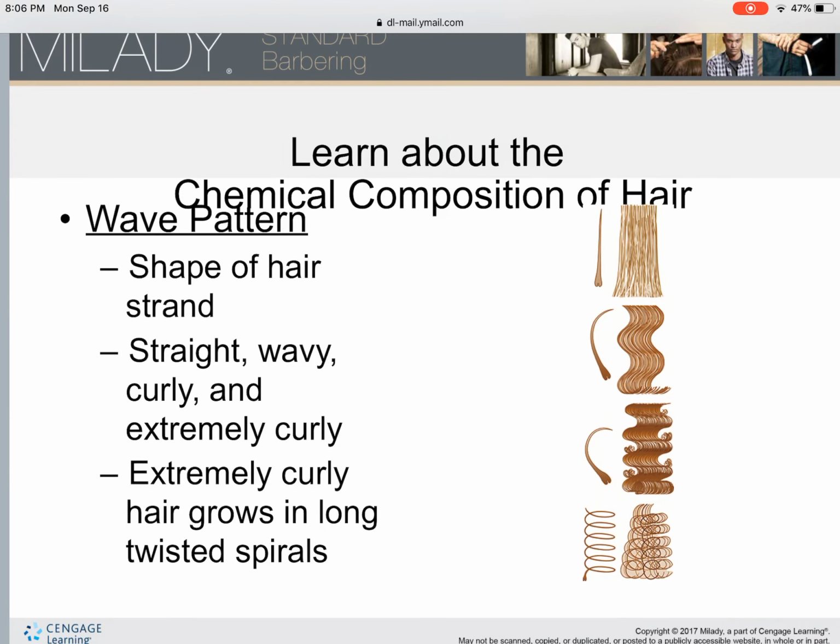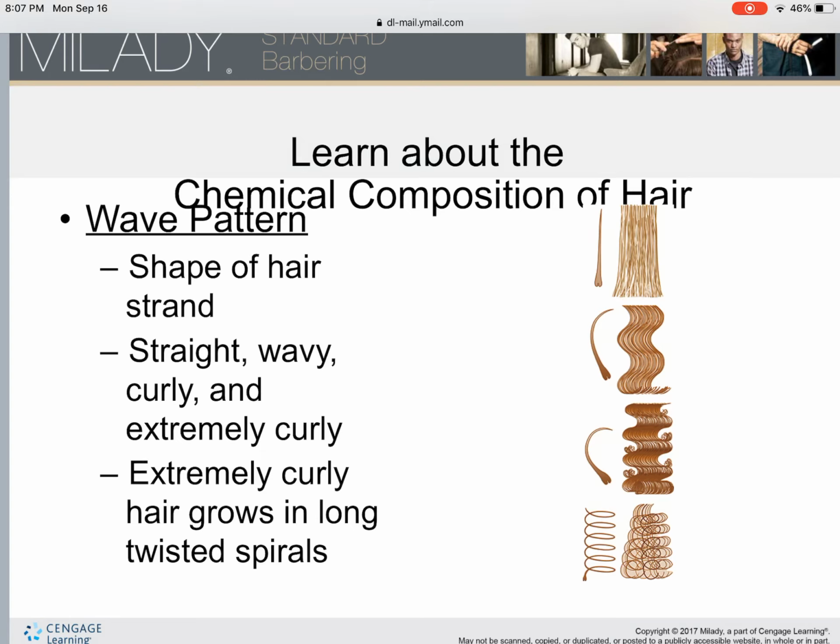Let's talk about wave pattern. Okay, this is very important. The wave pattern, what is it? It refers to the amount of movement in the hair. You have straight, wavy, curly, or extremely curly, or we might even say coily.